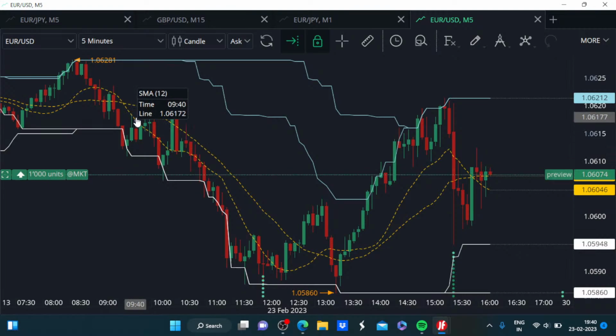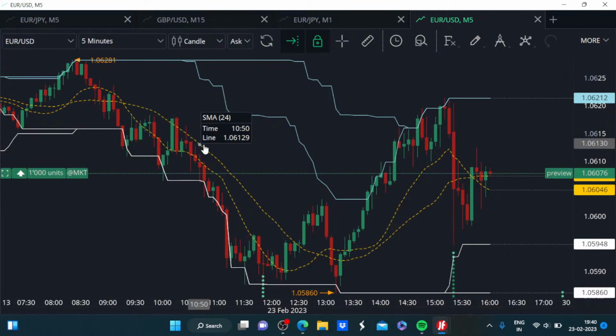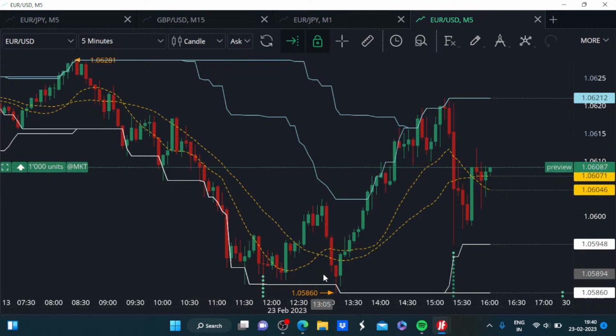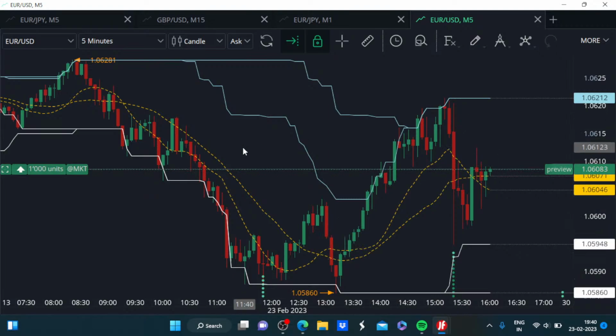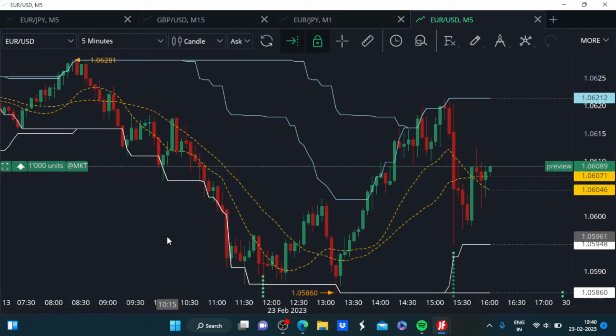Earlier in the day, it was trading with this bearish bias, but after making this low below 1.06, the momentum seems to have reversed. So here we have this possibility of the Euro USD consolidating in a limited range. In light of that, we have to look for the opportunities while keeping the momentum as well as the trading range in mind.